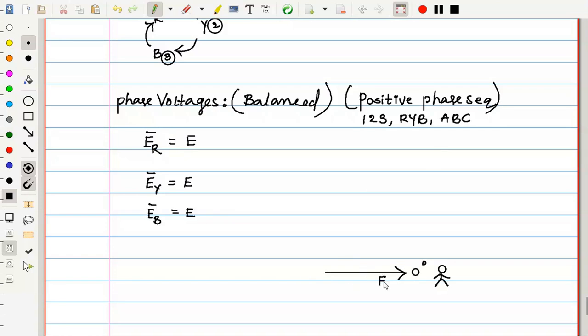So this is the ER phasor. Now once you know where the observer is, this is the reference. So let me put this up as reference. Once you know this, and once you know the voltages are balanced and positive phase sequence, after R, which phase should come?